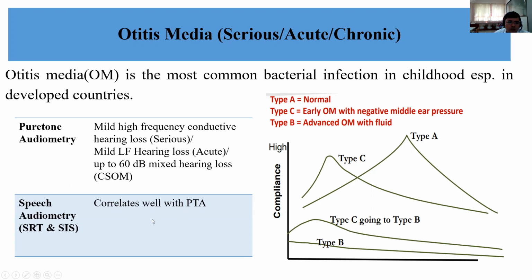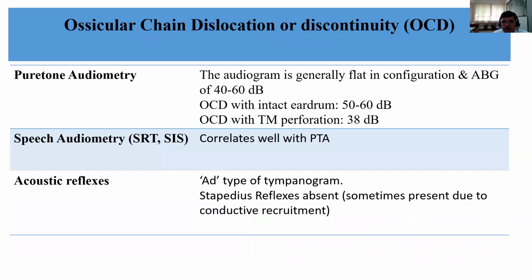When I say it correlates well, it means if there is a 50 dB PTA hearing loss, SRT will be somewhere plus minus 12 dB, and SIS will be proportionally good in comparison to SN hearing loss. So SIS will be good, somewhere around 80%, and it correlates well with PTA.